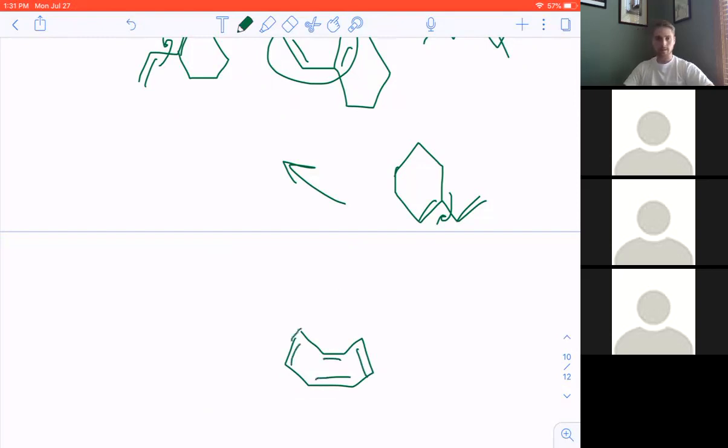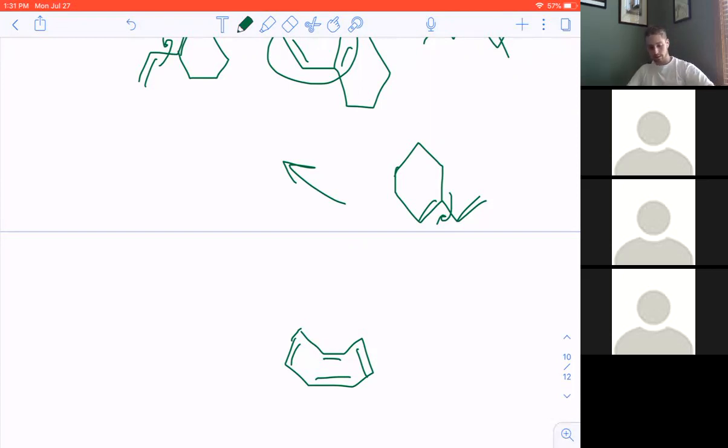And the question is, is this going to be aromatic, anti-aromatic, or non-aromatic? The trick for this one is, regardless of Huckel's rule, it is drawn in such a way that it's not planar. As soon as you know it's not planar, it's not going to be aromatic or anti-aromatic. So this one is just going to be non-aromatic for that reason.